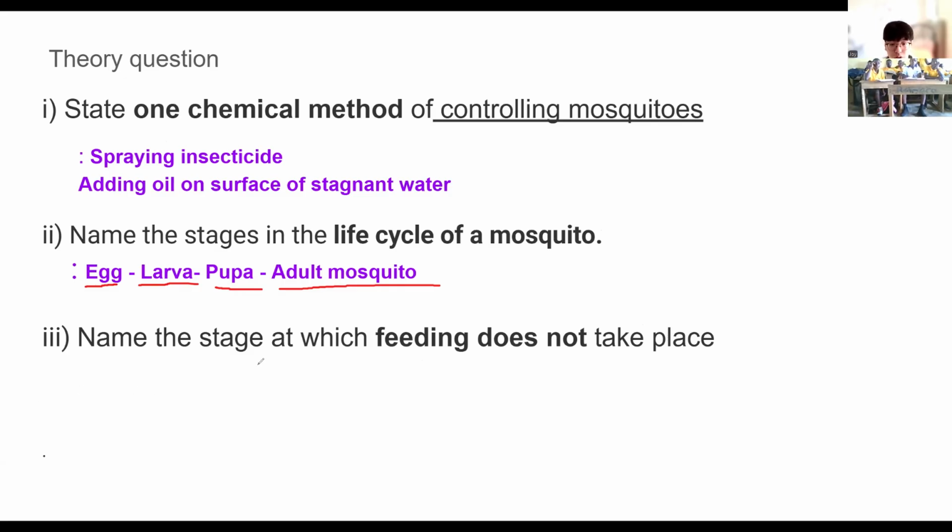Let's look at the next question. What do you think is the stage at which feeding does not take place? I guess we haven't talked about this, but does anyone have a guess on which stage the mosquito does not eat at all?